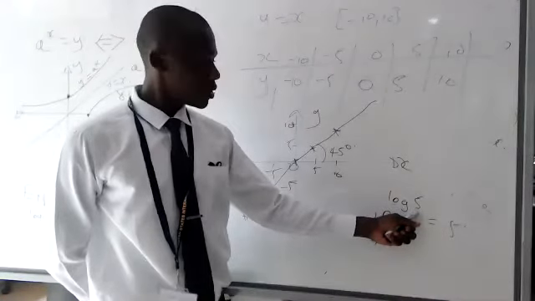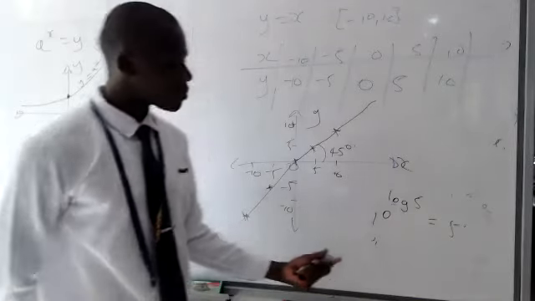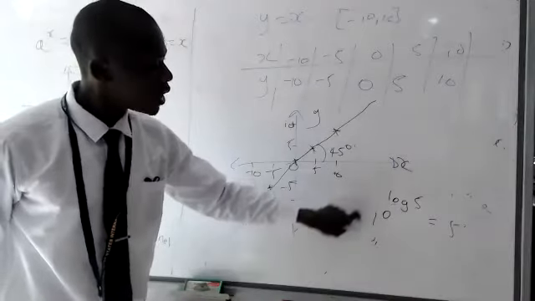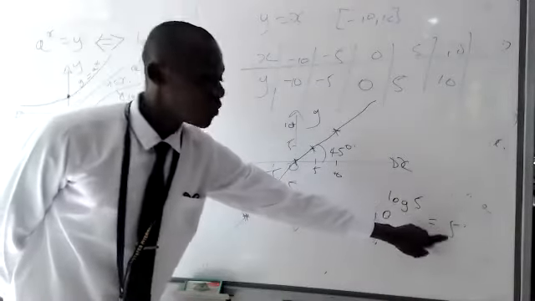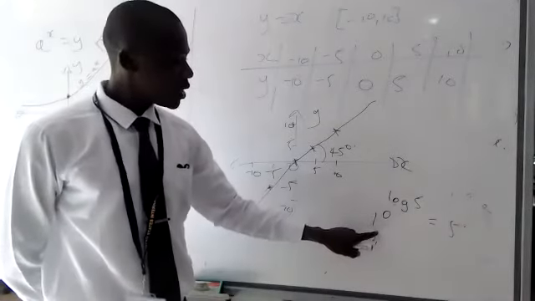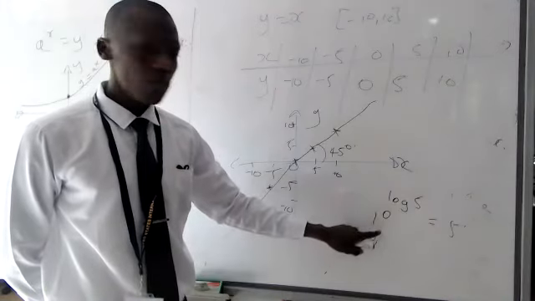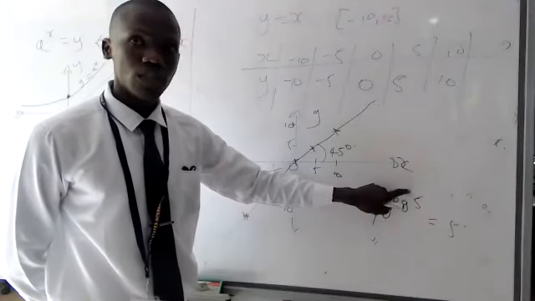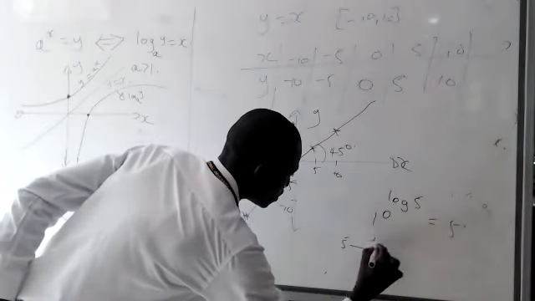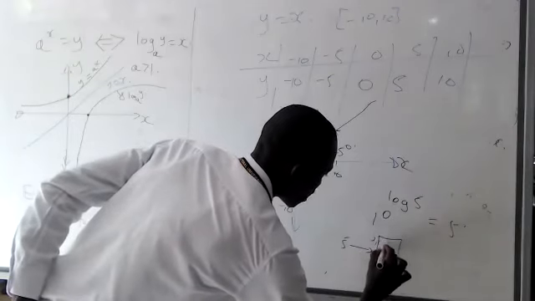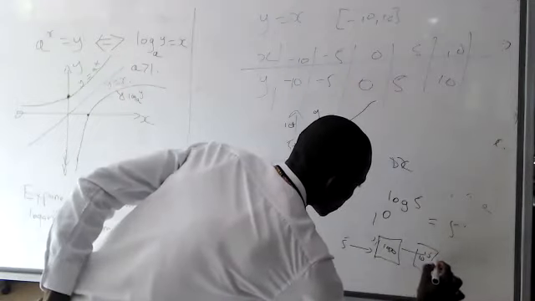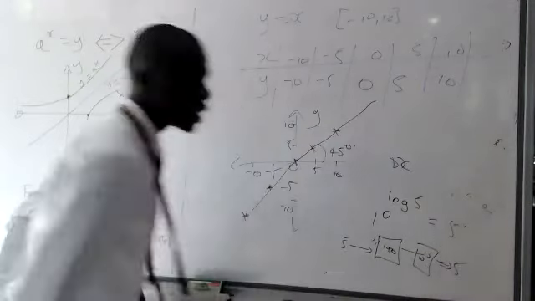This is a very simple analogy for you to conclude that the exponential function and the logarithm function are inverses of each other, because you apply first the logarithm function, then the exponential function with the same base, and you get back to what you started with, which is 5. It's like you start with 5 as the input, then there's a machine, the first machine finds the log of this, then the second machine takes 10 to the exponent of that, and you get back what you started with.